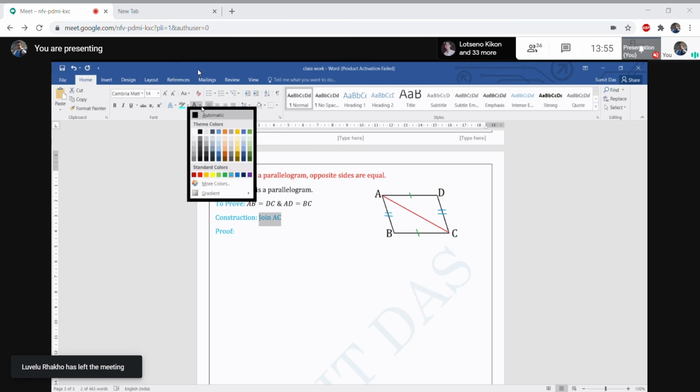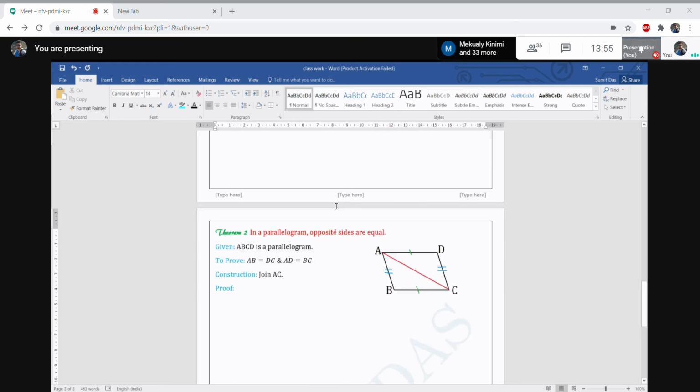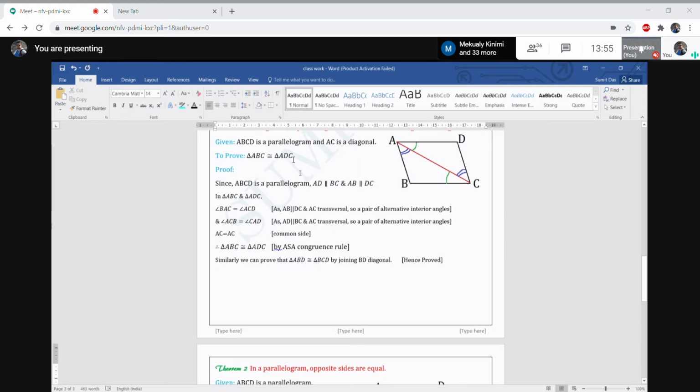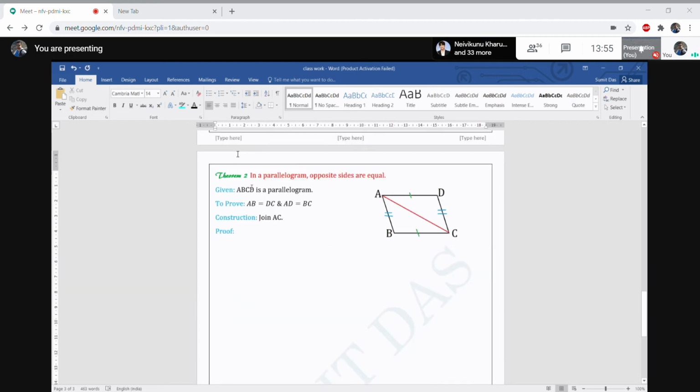You can ask me, sir, we can write this in the given part also. But in the last theorem, what was it? The diagonal of a parallelogram divides it into two congruent triangles. So in that theorem the diagonal was already there, so in the given part we drew the diagonal. But here the diagonal is not given in the theorem. For our own help, we are using the diagonal.